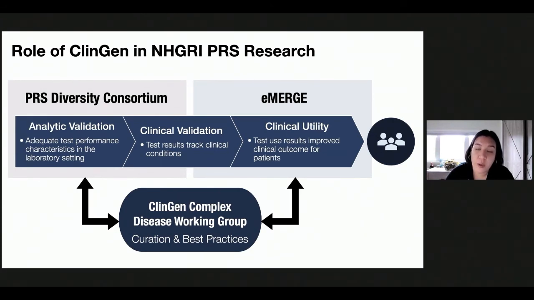And so it's really important for us as we move forward to situate ourselves where we're uniquely suited, where ClinGen really has a lot of fortes, to make sure that we can help the efforts in a non-redundant way, and really with an eye towards the ultimate goal, which is improving clinical care of patients.